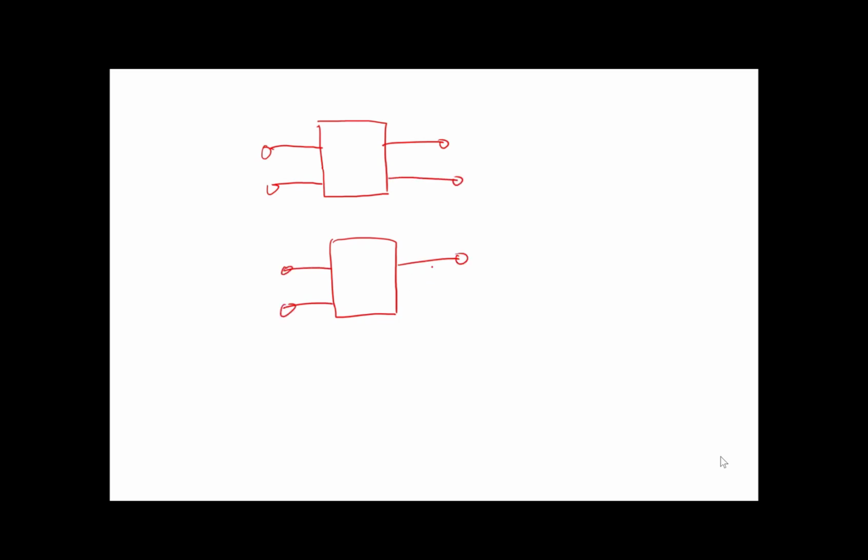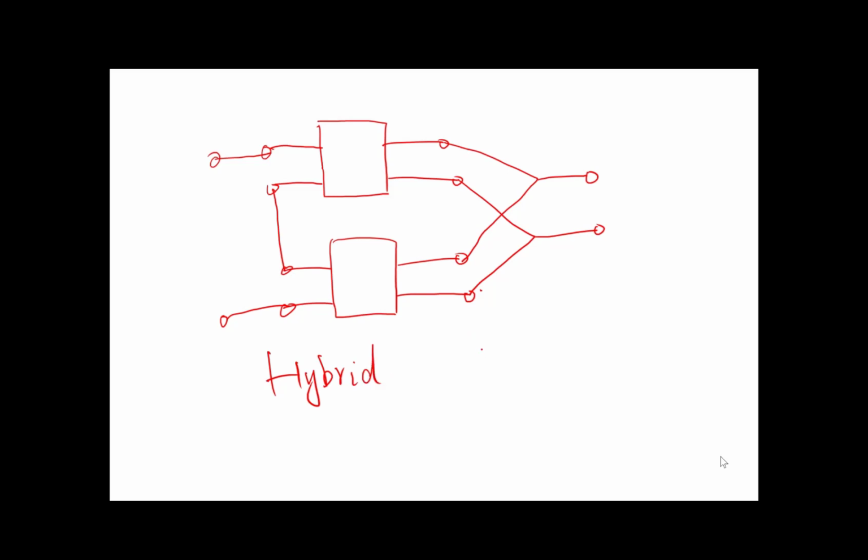For example, for the two-port network, if we serial connect the left side but parallel connect the right side, we call this a hybrid connection.